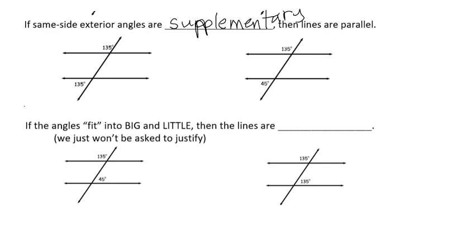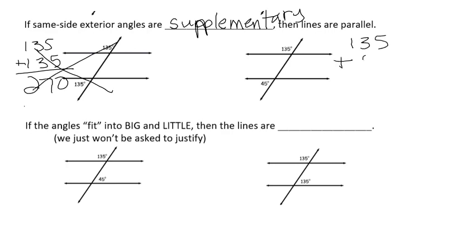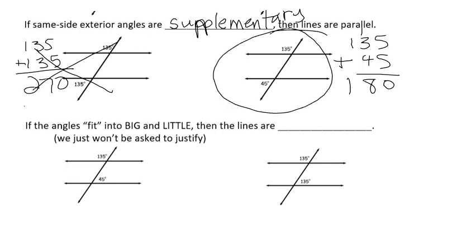Now these are both same side exteriors, but which ones add up to 180? That add up to 180? No, that's too big. This one must be it. Let's just double check our math. 5 and 5 is 10. All right. So those lines are parallel. These are not.